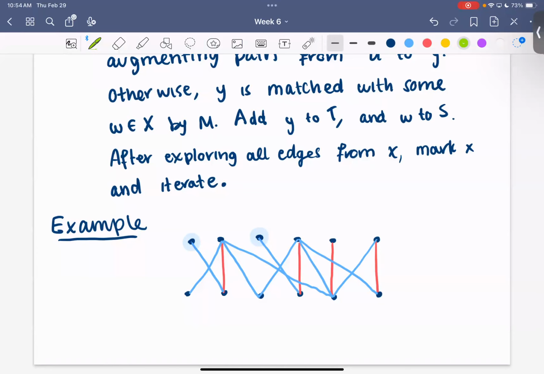So I think to some extent, this just depends on what order you decide to check the explore vertices in. For example, one thing that you could do is start with this vertex.